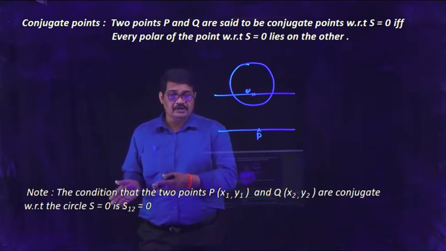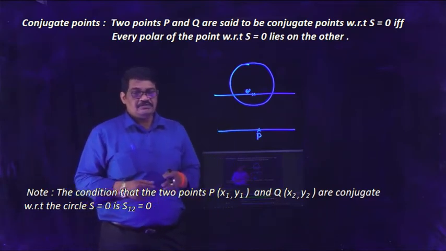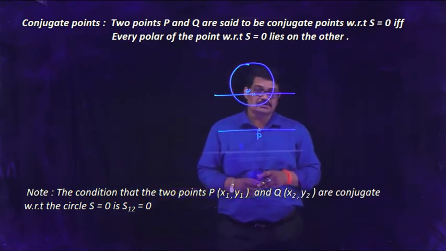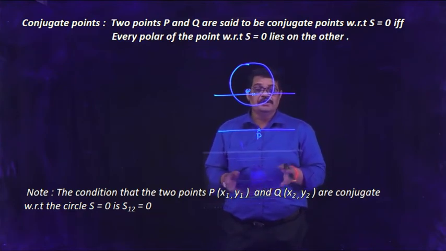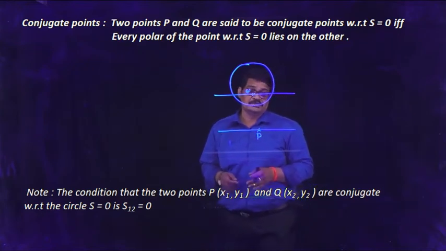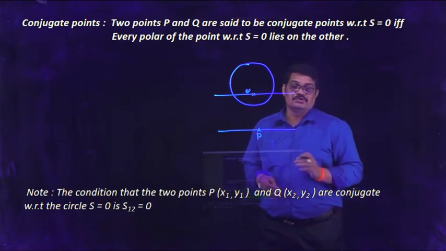We are obtaining S12 is equal to 0. So the condition for these two points to be conjugate points is S12 is equal to 0. When we are given any two points and asked to show that these two points are conjugate points with respect to the circle, what is the condition? S12 is equal to 0.